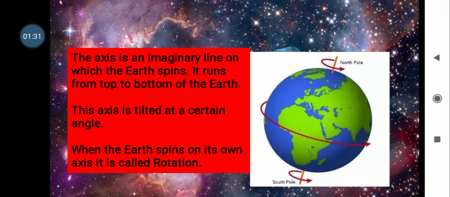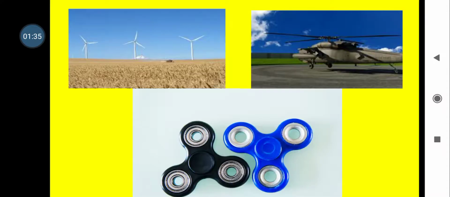Let us look at some examples of rotation. Windmills follow rotation. The blades of a helicopter also use the motion of rotation, and fidget spinners also rotate.